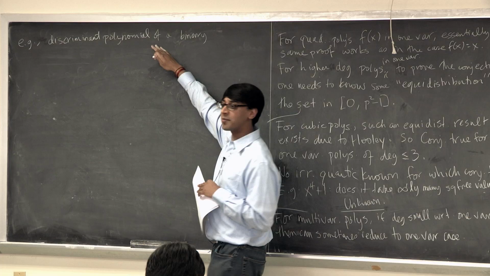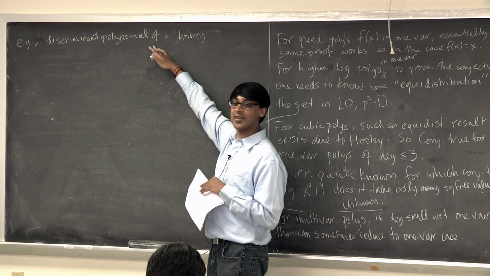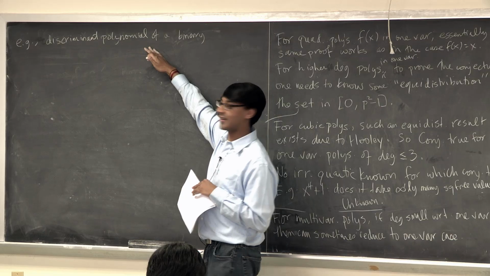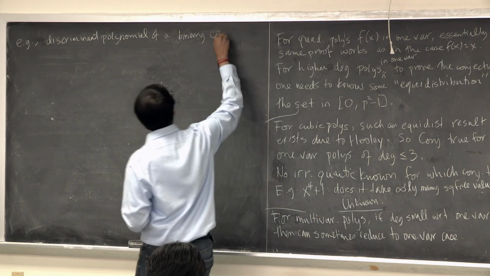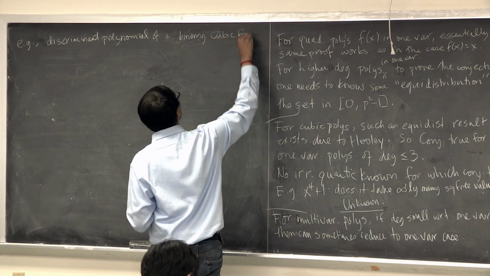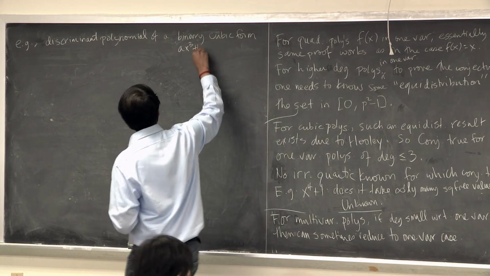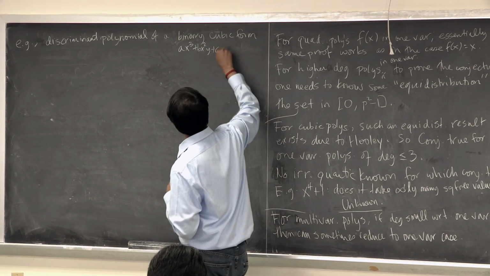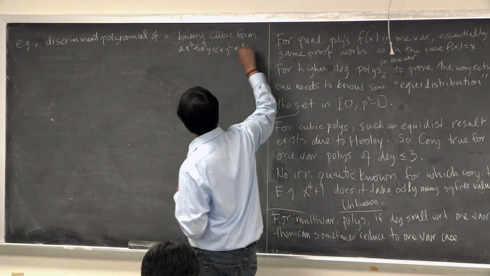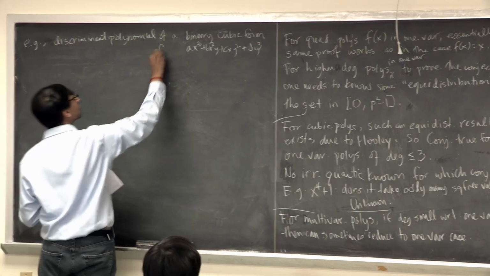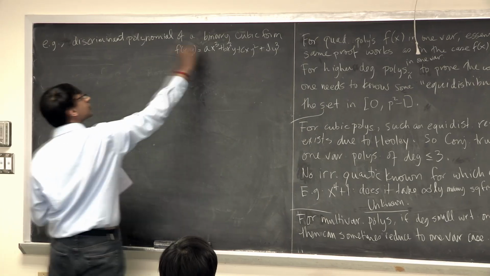So everyone learns the discriminant polynomial of a quadratic polynomial is b squared minus 4ac. But for some reason in school, we never learned the formula for the discriminant polynomial of a cubic. So if the cubic form is ax cubed plus bx squared y plus cxy squared plus dy cubed, let's say this is f of x,y. So it's just a cubic polynomial.